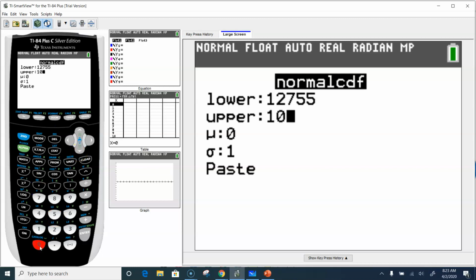Put something really high here. The mean was 12,752. And our standard deviation is going to be really small. It's going to be 1.3 divided by the square root of 34.